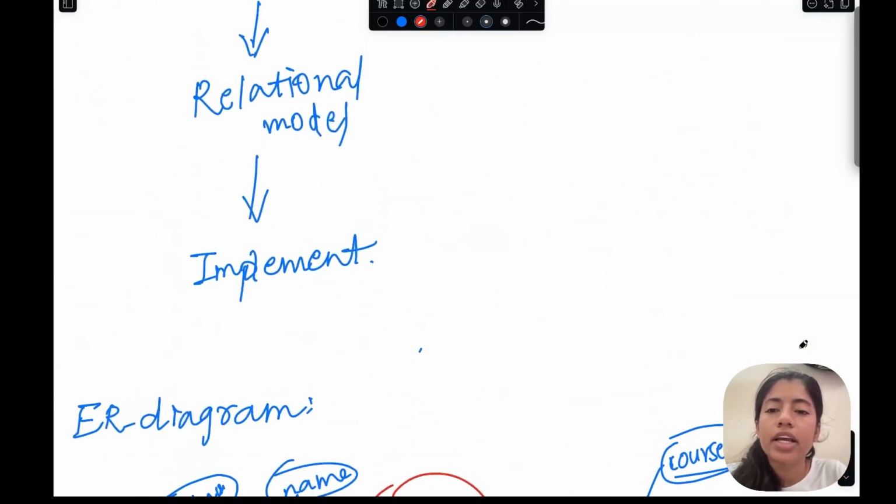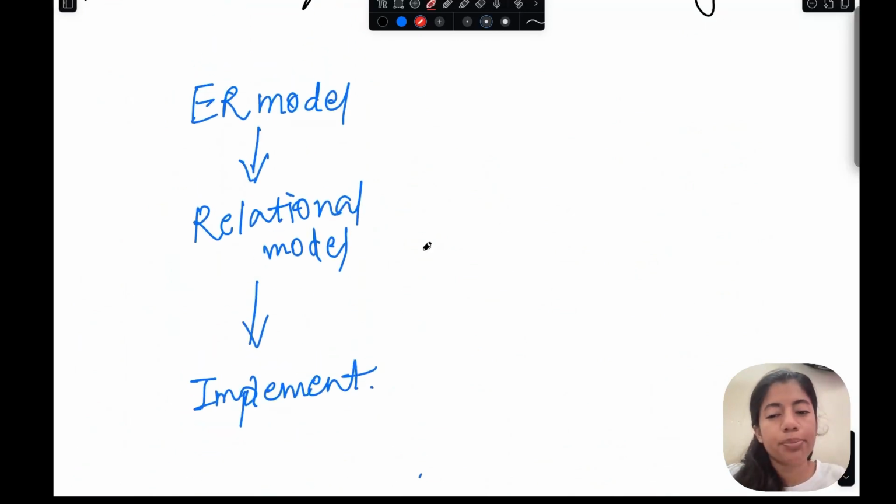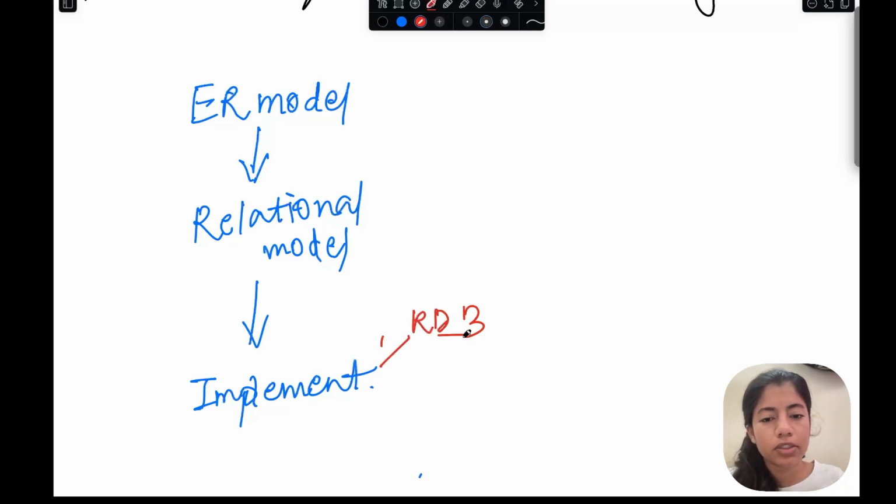Now let us come back and talk more about how we implement this relational diagram. There is something known as RDBMS, which is relational DBMS.